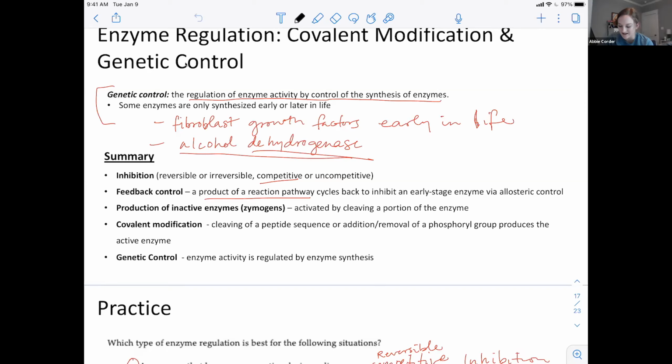No, I know what you're saying now. Okay. There was only one type of inhibition in which both the substrate and the other molecule bind the active site.